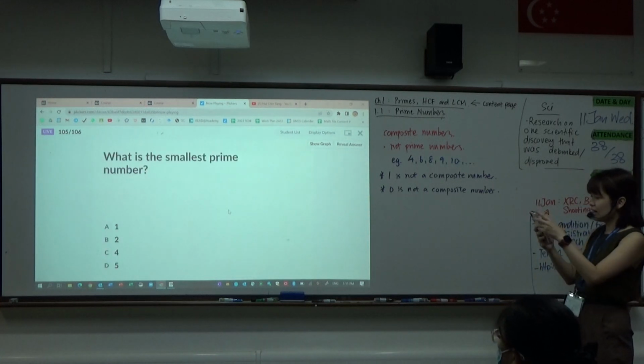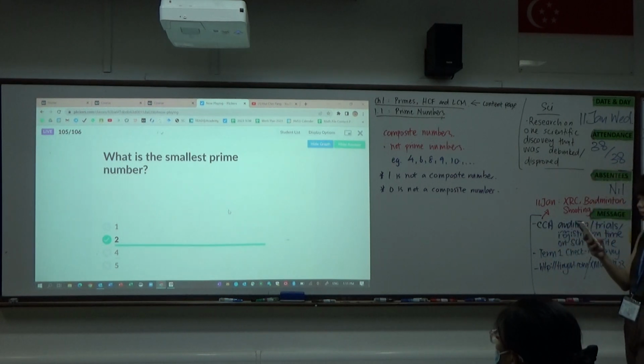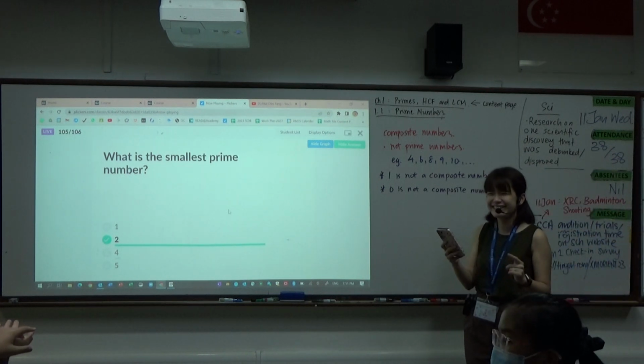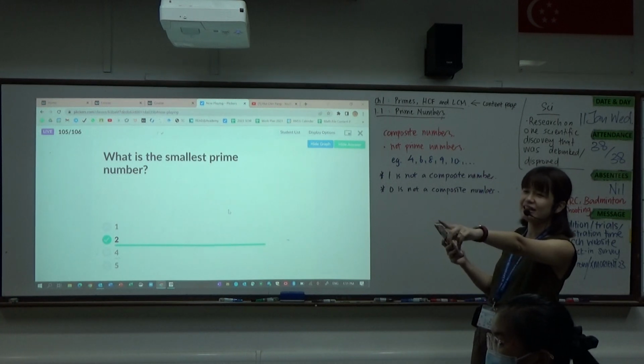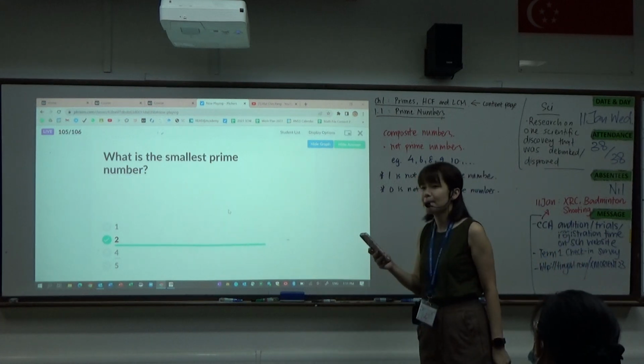So the answer is actually B, which most of you got correct. I do have one person who gave C, 4. Elena, you gave me 4. You check. Can someone help Elena? Maybe the boys at the front. Tell her how to show the B.